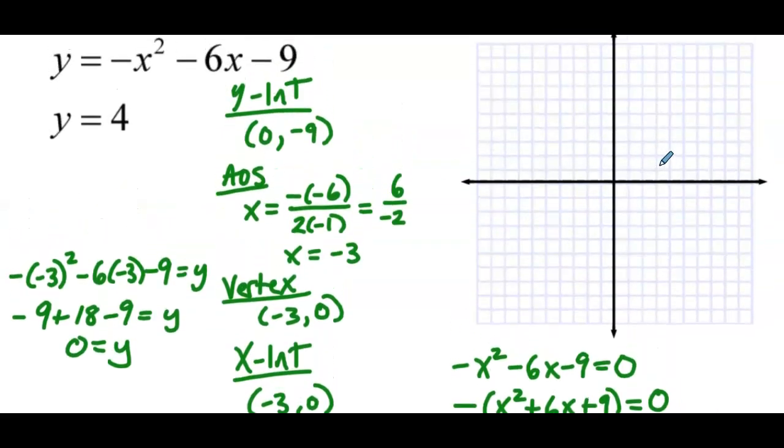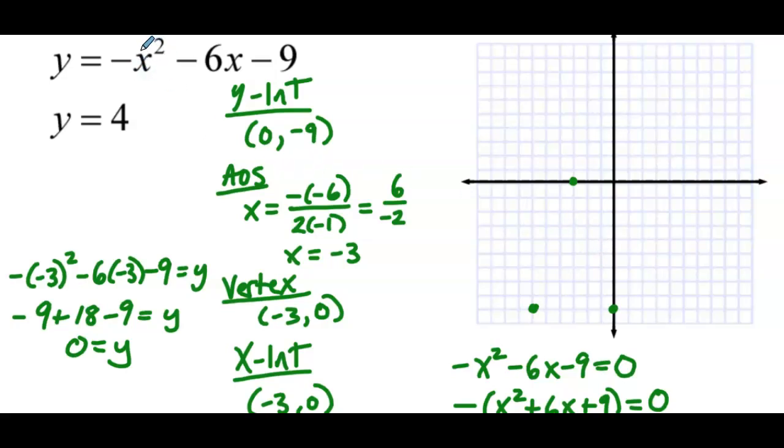So plotting, we have negative 3, 0, and then we have 0, negative 9. Now that's 3 to the right of the axis of symmetry, so 3 to the left, we'd have negative 6, negative 9. Now we need more points for accuracy, so we'll start by plugging in negative 1.